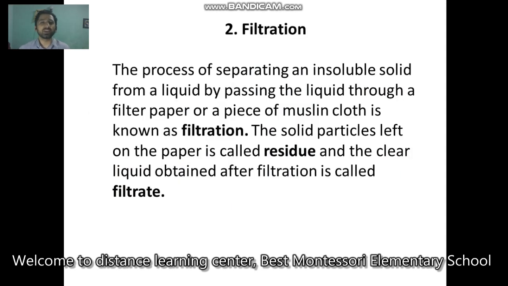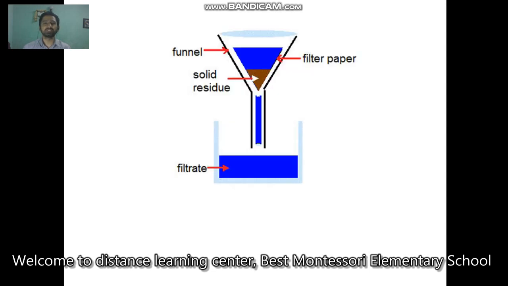The second one is filtration. That means again the process of separating an insoluble solid that is present in a liquid, and it is done by passing it through a muslin cloth or filter paper, and the process is called filtration. The solid left after filtration is called the residue, and we obtain a clear liquid after filtration.